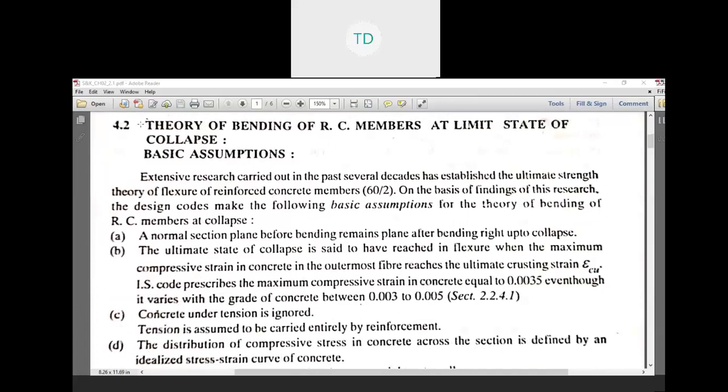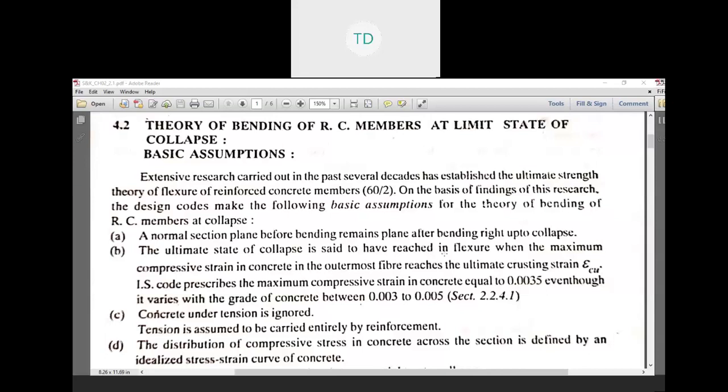Now the topic is theory of bending of reinforced concrete member at limit state of collapse. Extensive research carried out in the past several decades by engineers and scientists has established the ultimate strain theory of flexure of reinforced concrete members.